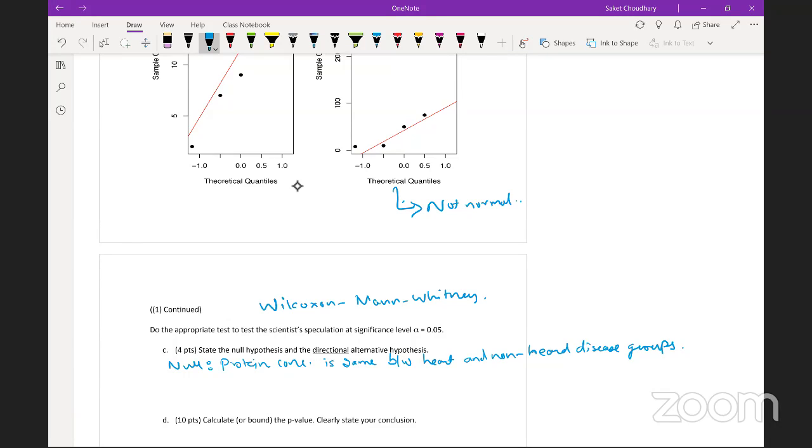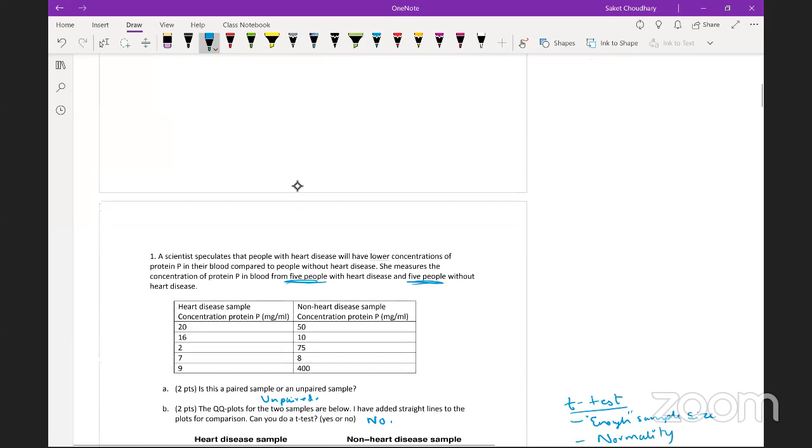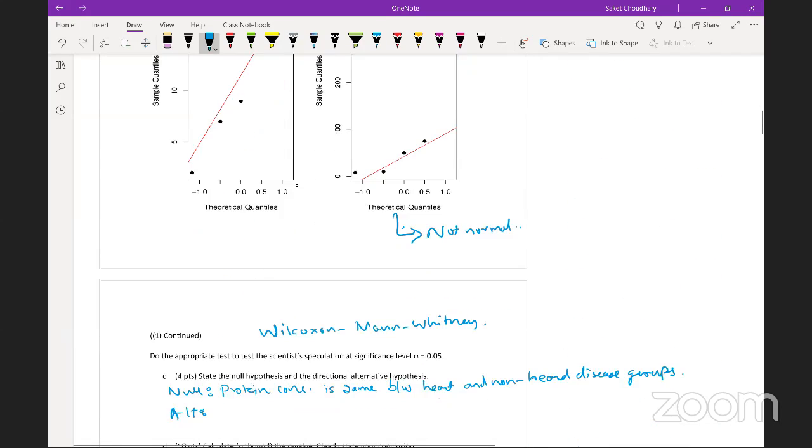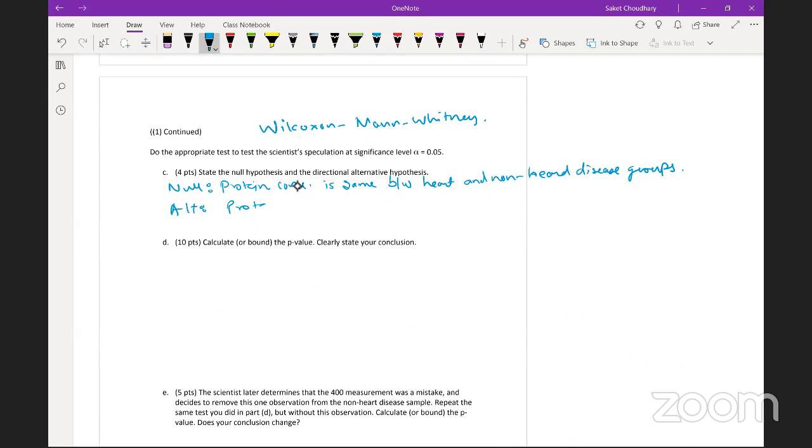This is one generic way of writing this. And the alternate is directional. The direction we're interested in is that people with heart disease have lower concentration of protein. So the protein concentration is lower in the heart disease group. It's a very generic way to write it.